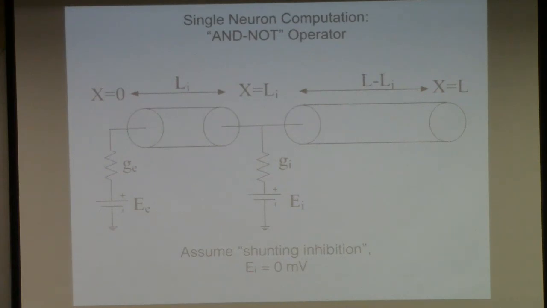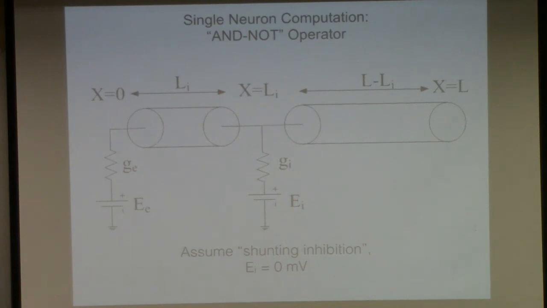So inhibition, an inhibitory input, increases membrane conductance to ionic species that causes membrane hyperpolarization. Shunting inhibitory input increases conductance to an ionic species whose reversal potential is near that of the cell.